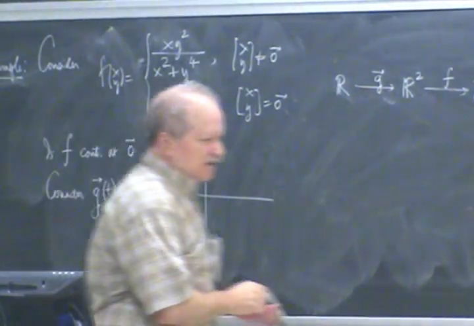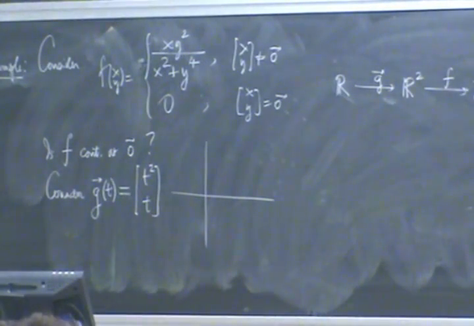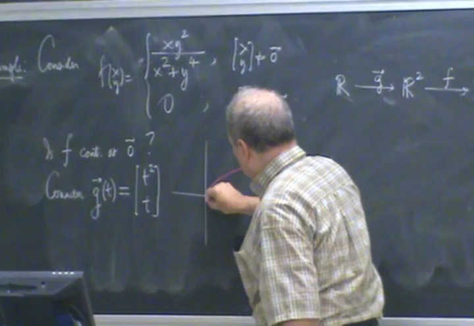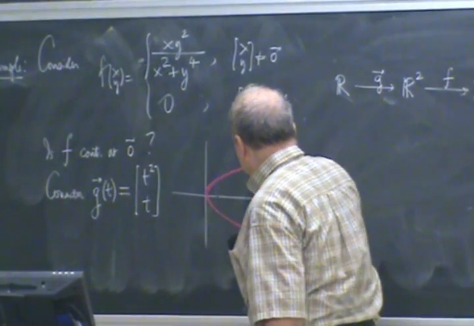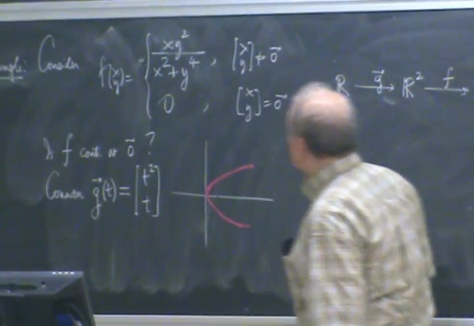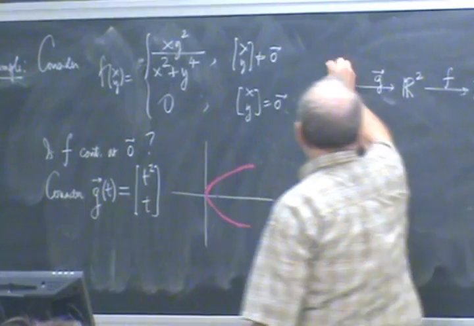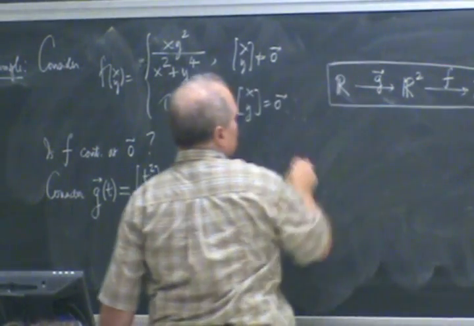What is my curve g of t looking like? It's the sideways parabola, which we were looking at the other day. In fact, what would be true if f were continuous at 0? What would we know from this picture?